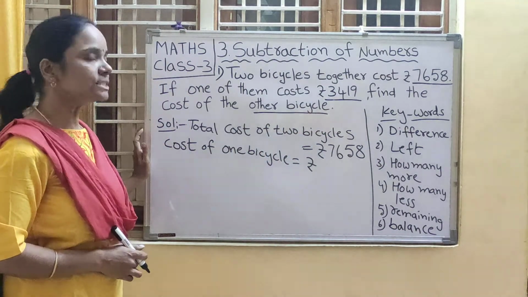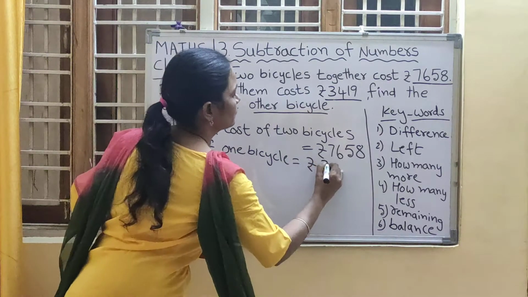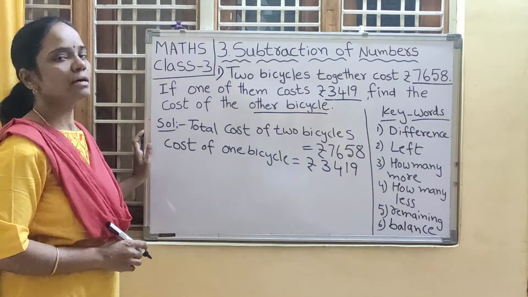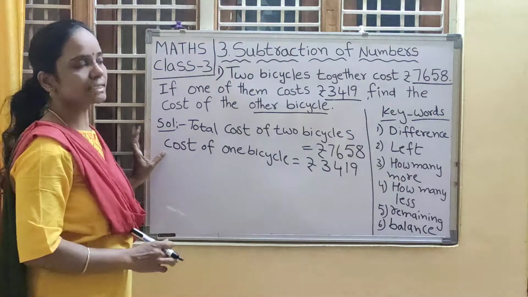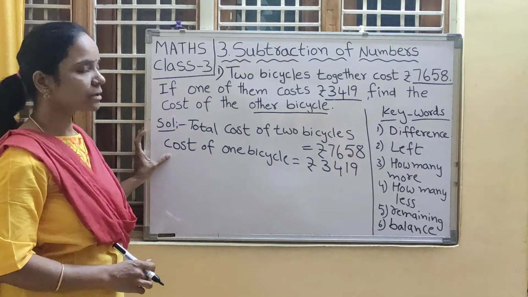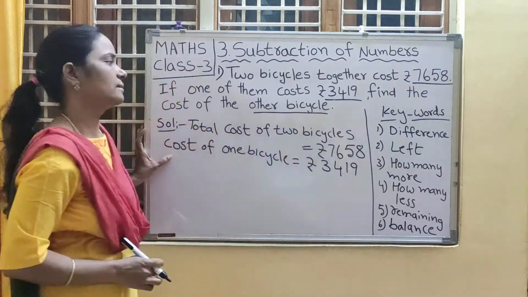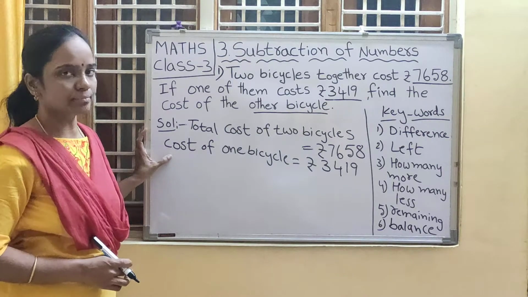Yes, 3,419. Next, write down the third statement. So we have to check the question. Find the cost of the other bicycle. So that becomes the third statement.